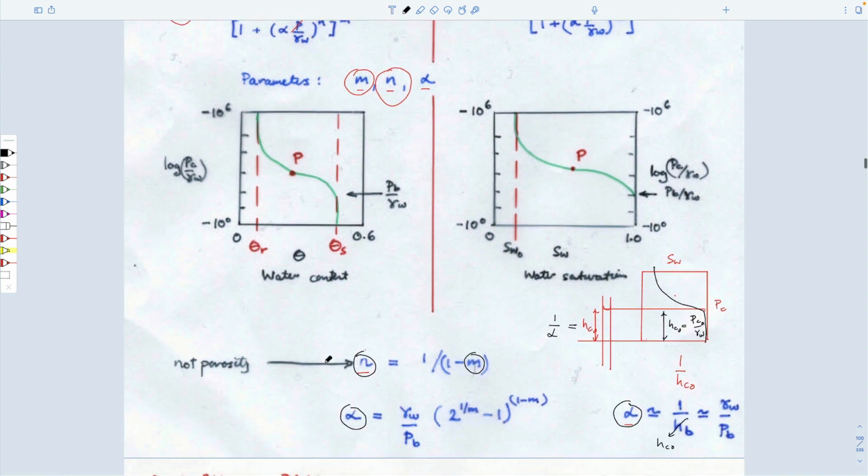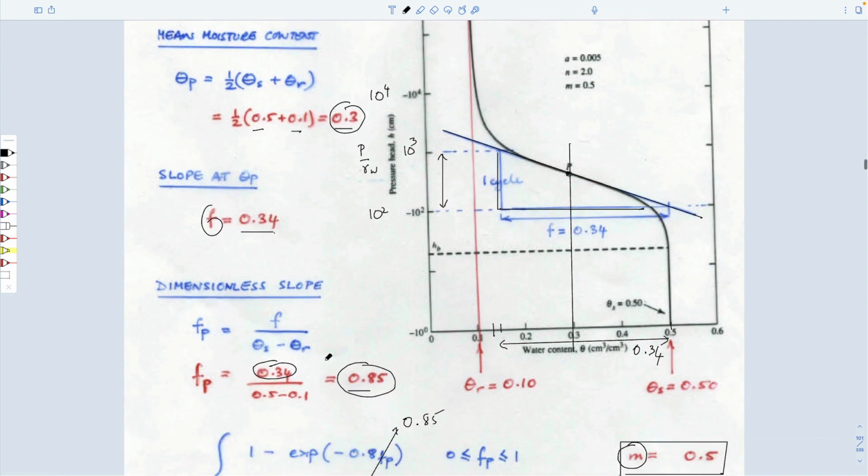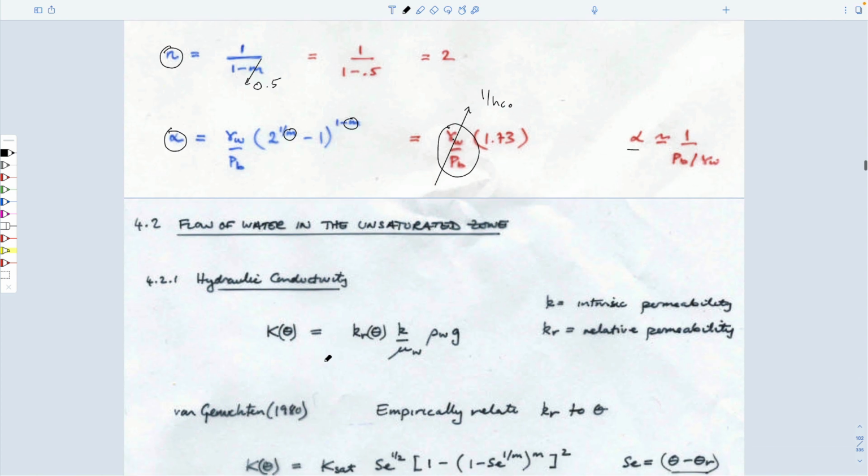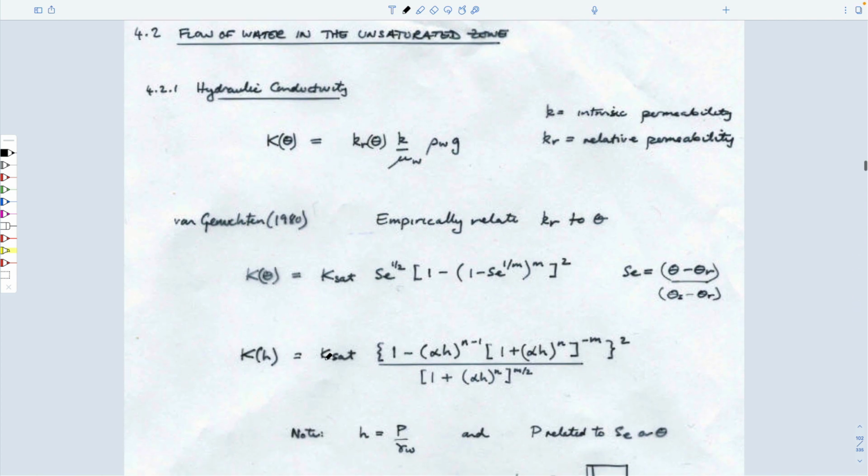But it is useful to us because these terms can also be used to figure out exactly what the hydraulic conductivity is in terms of relative permeabilities.